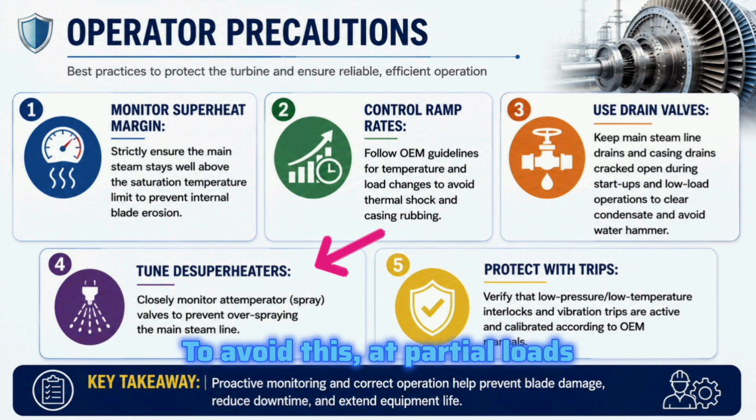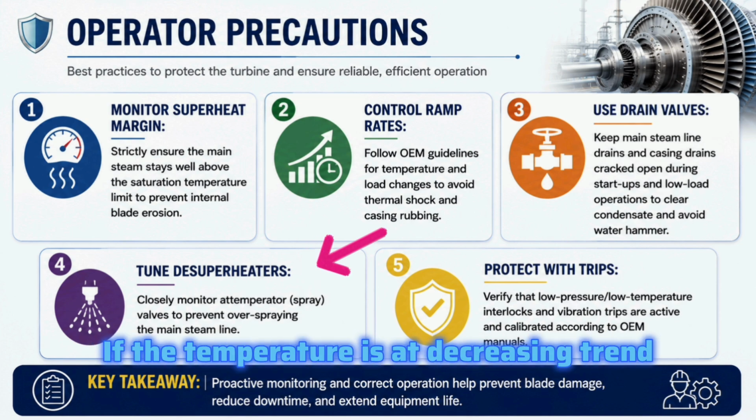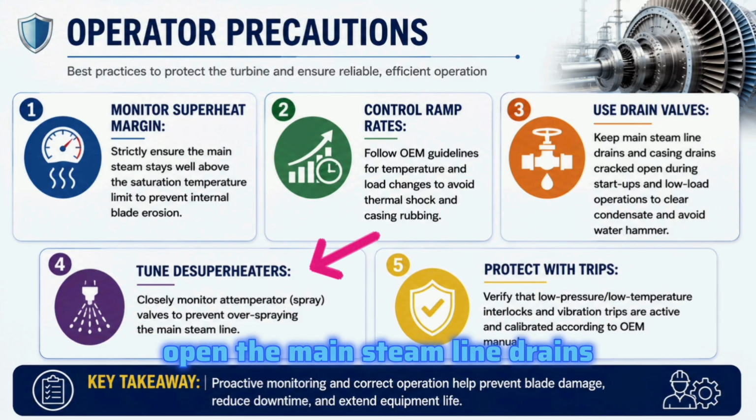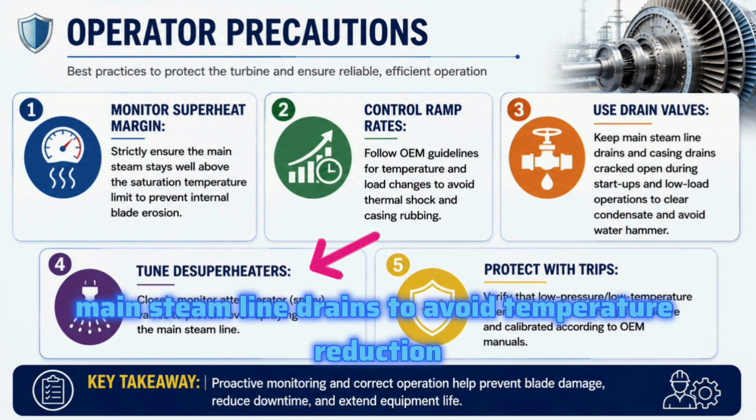To avoid this, at partial loads, closely monitor the desuperheater valves. If the temperature is on a decreasing trend, open the main steam line drains and crack open the casing drains to avoid temperature reduction.